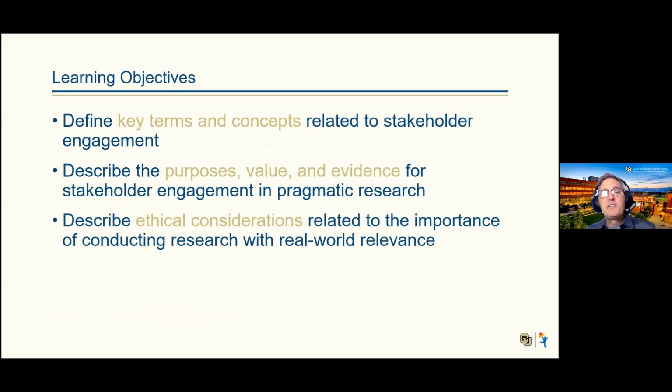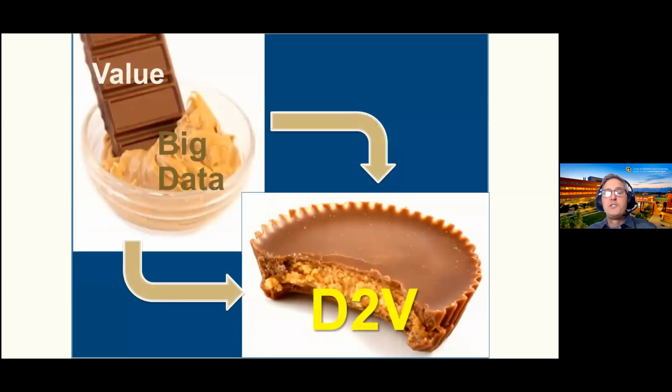And I'll try and tailor this a little bit to the idea of using stakeholder engagement for informing pragmatic research. And along the way as well, I'm going to talk about some of the ethical considerations, and I'll really end with what I think of as some of the more provocative challenges that are faced by people trying to engage stakeholders in pragmatic trials or in pragmatic research more generally.